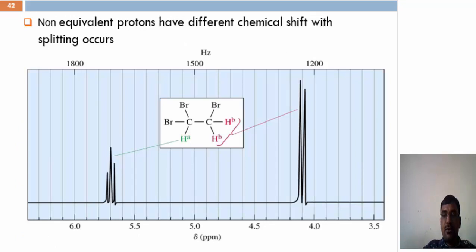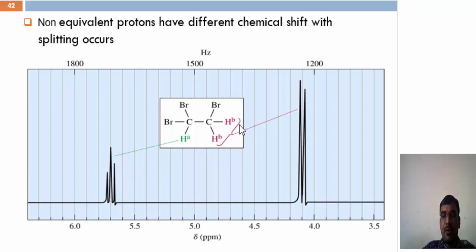These Ha protons show a triplet because they have two nearby protons. By the n plus 1 rule, n means the number of protons on the nearby carbon atoms. The nearby carbon atom has two protons, so n is 2, plus 1 means 3, so this proton can split into three peaks.